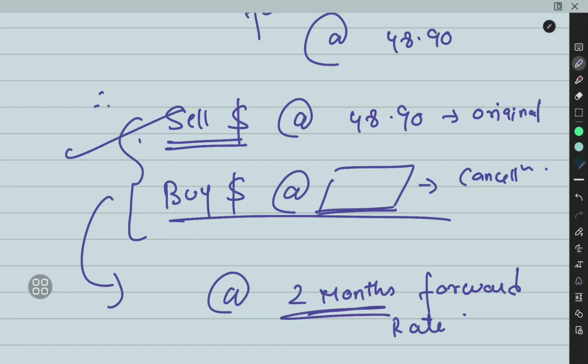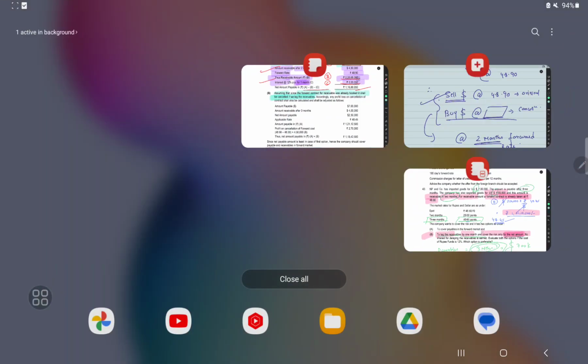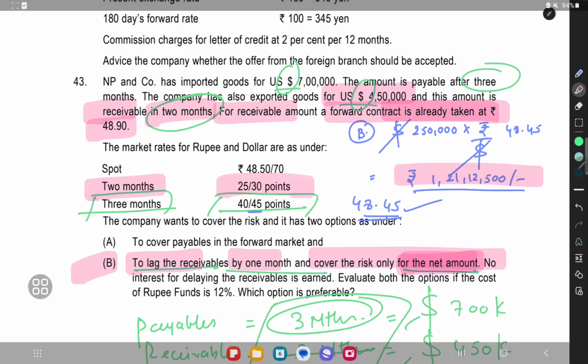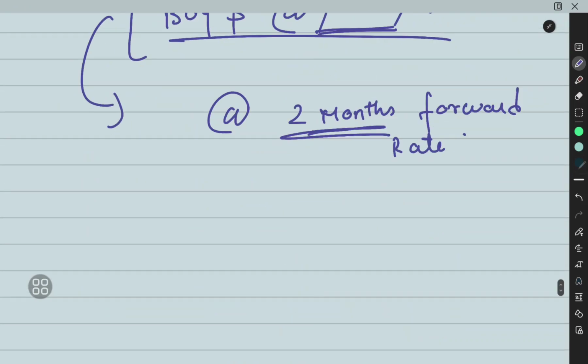So we go here, we say 2 months, the swap points. No, we are not considering these as premium points. We are taking them directly as quotes as per the institute. So 25 and 30, these are the quotes.